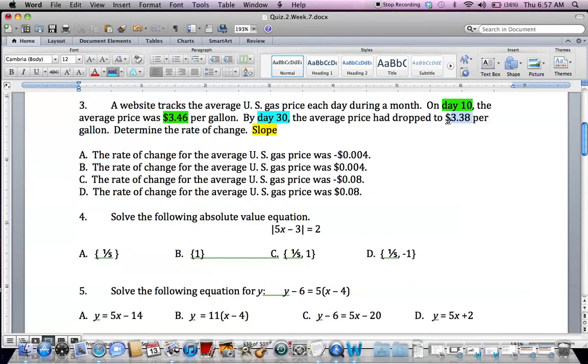Now, think about the word drop. It's going to tell you what type of slope you're going to have, so you can do process of elimination already. So we're going to find the slope here. Independent variable, dependent variable, find the slope, and use the slope formula to help you figure this out.